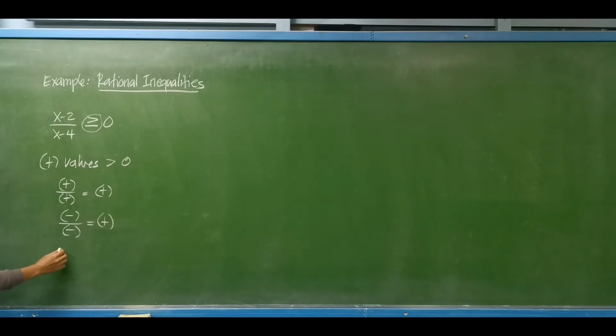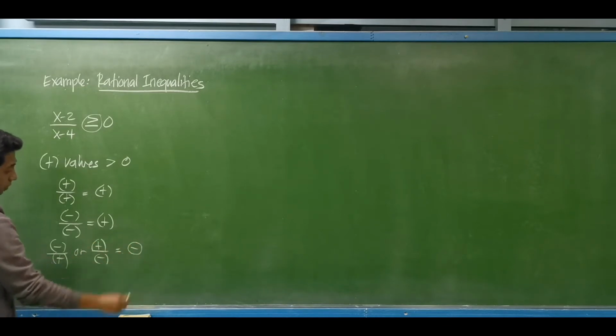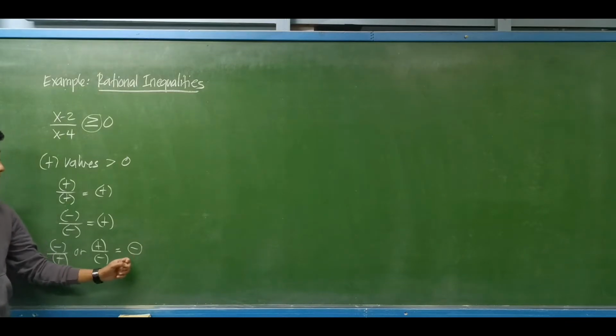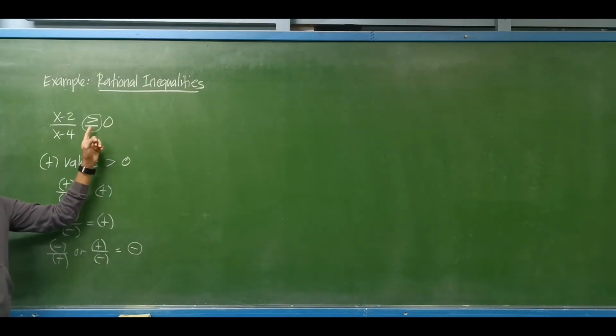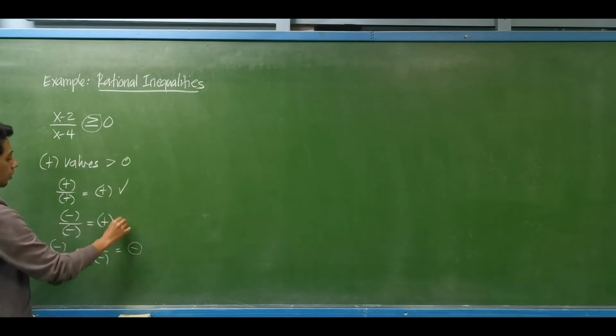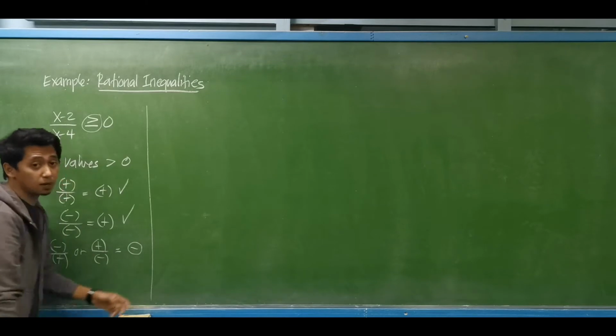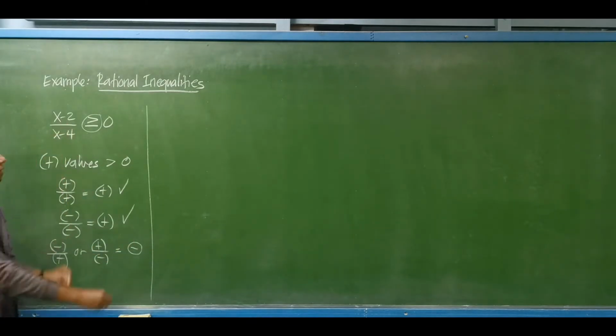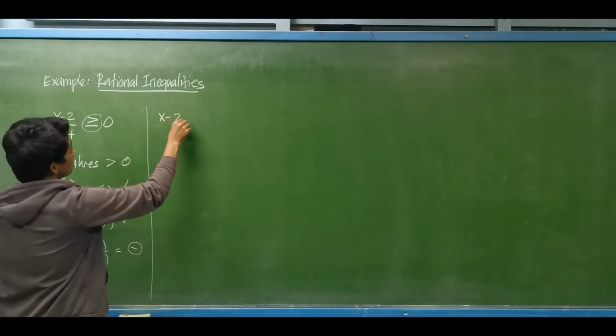We are avoiding the case of a negative divided by a positive, or a positive divided by a negative, since this will have a negative quotient. Since we are looking for values that are greater than or equal to 0, we are looking for positive quotients.